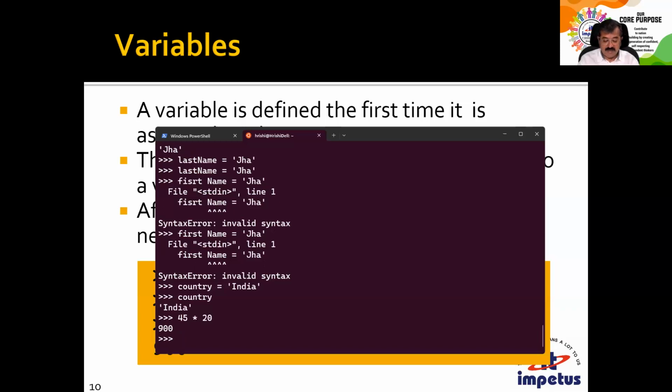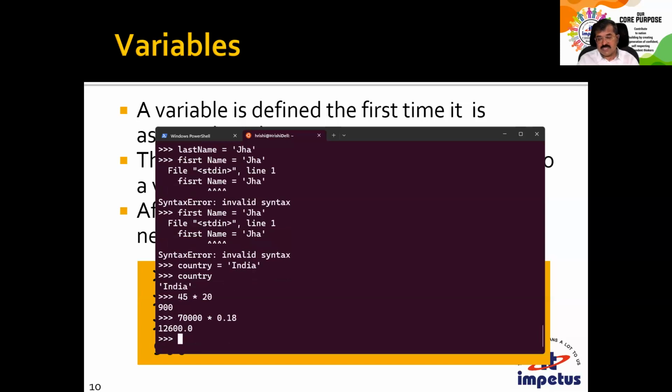Or suppose I have some other value, the rent that I paid today, and I say into 0.18, and there was 12,600 and so on. But one may wonder what is 70,000, what is 0.18? Do they have a meaning? That 70,000 was my rent amount.